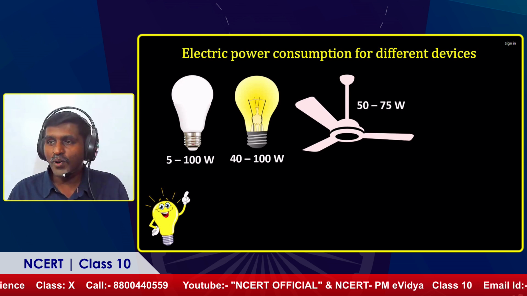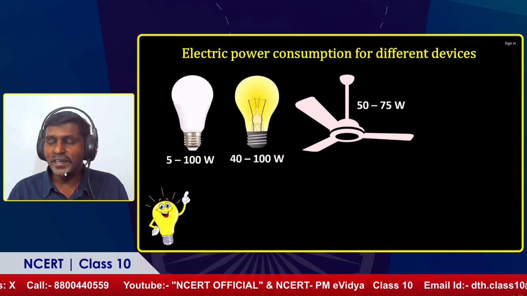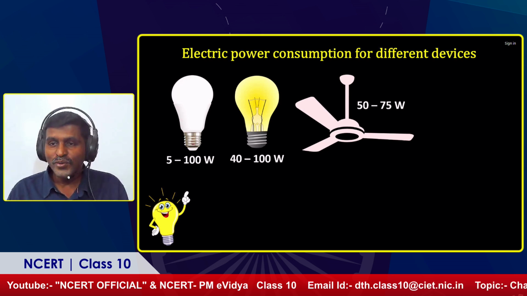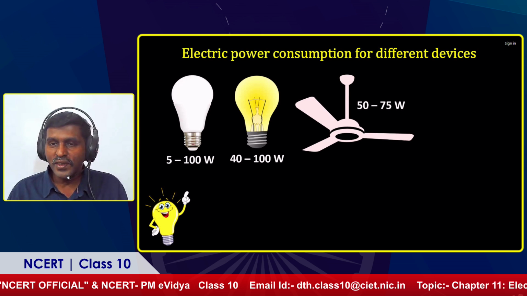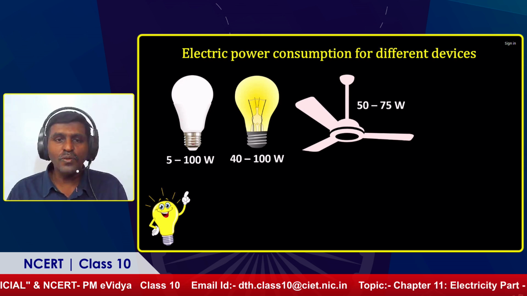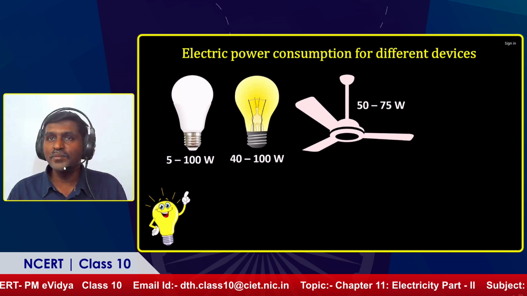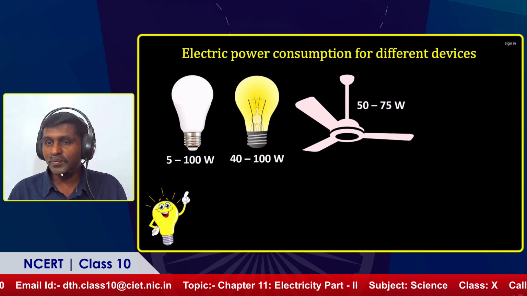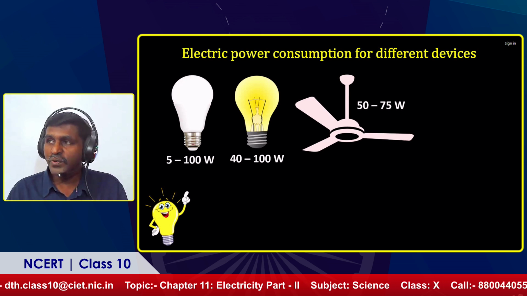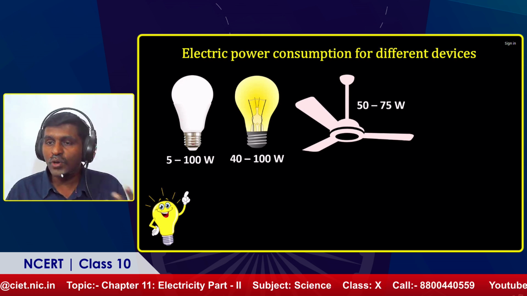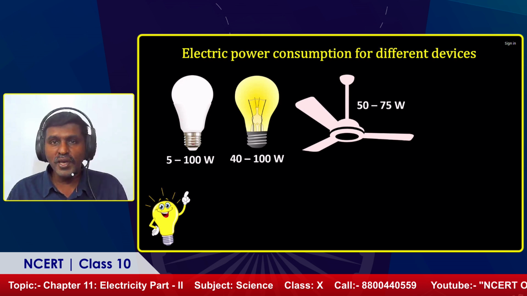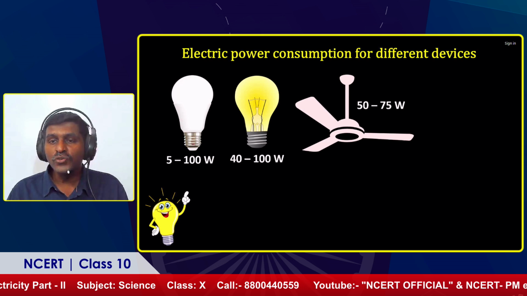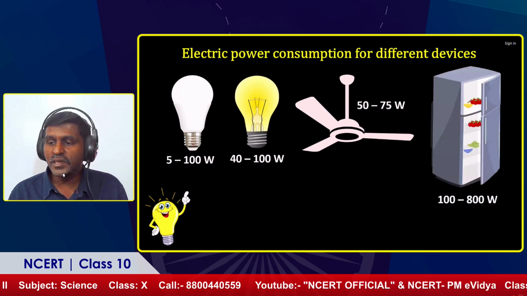We study in the book that power is 50 watts, 75 watts, but in real life we are not applying it, because people only compare the brand names, etc. But we have to compare the watts, because if you buy devices with more power, then we have to pay more amount and we need a lot of energy to run that device. So that is very important.